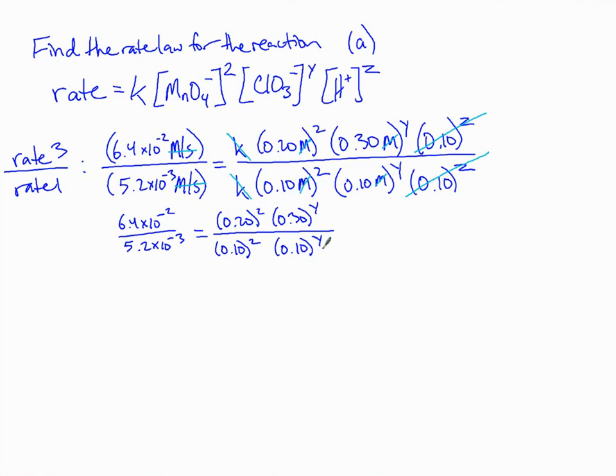Okay, so let's go to the calculator and type some things in. 6.4 times 10 to the negative second over 5.2 times 10 to the minus third is 12.3. 0.2 squared over 0.1 squared is 2 squared, since 0.2 over 0.1 is basically 2, and then we keep the exponent.